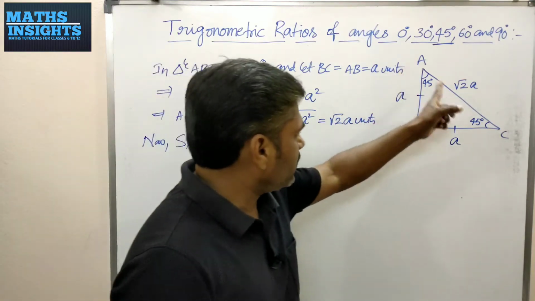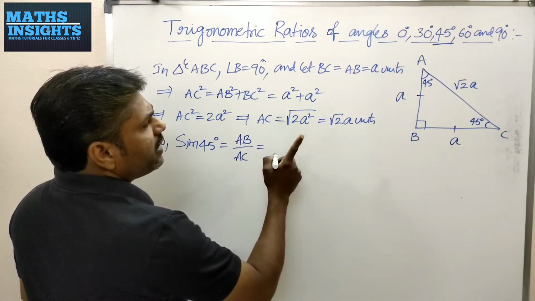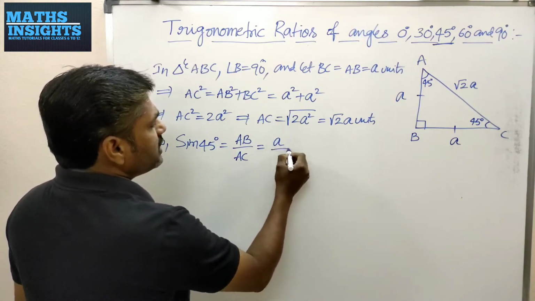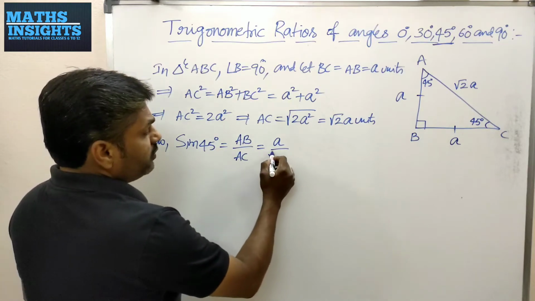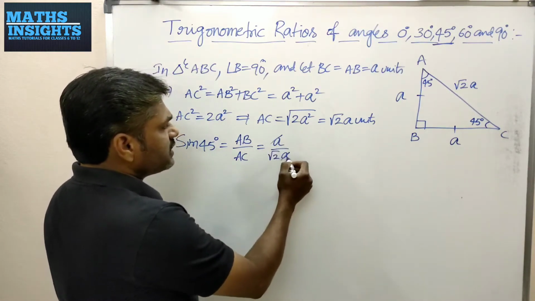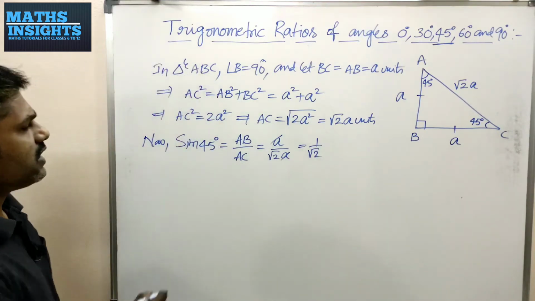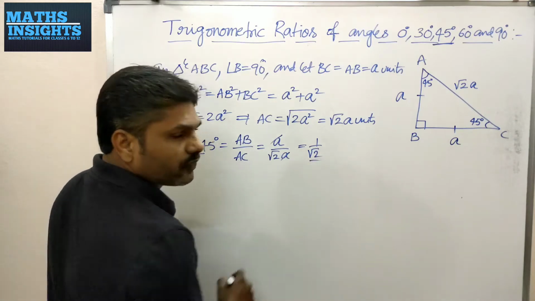AB value you already took as A units and AC value will become root 2 into A. If you cancel A, you will get sine 45 value as 1 by root 2.